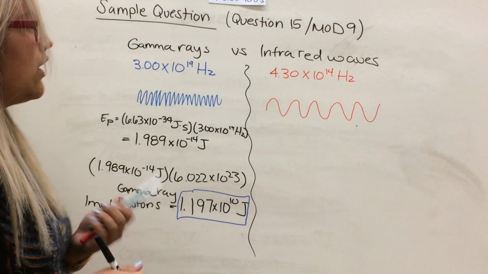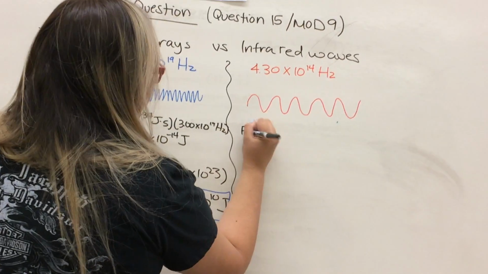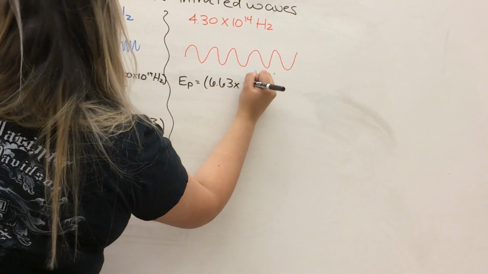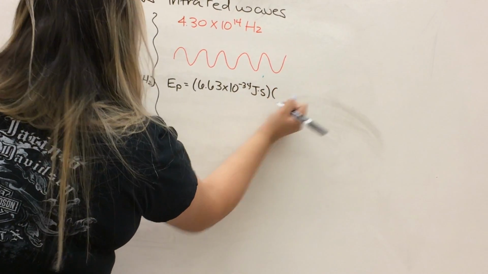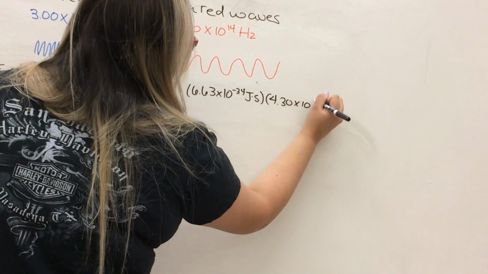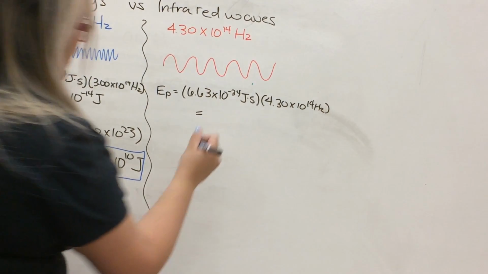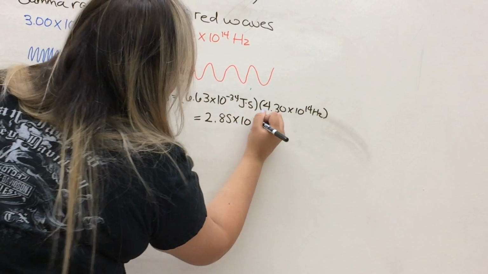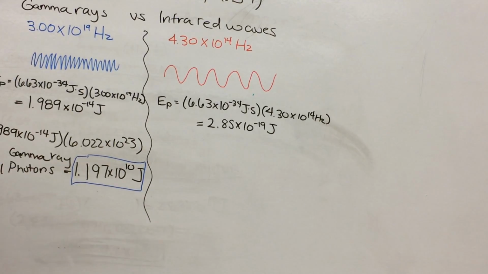Using this same process, we're going to apply it to the infrared waves. I'm just going to write this out. We're going to use the same constant because we're talking about waves, so no need to fear. And then we have our frequency, 4.30 times 10 to the 14 hertz. I pre-calculated this and I got 2.85 times 10 to the negative 19 joules. Using the same logic, we're going to figure out the energy for a mole.